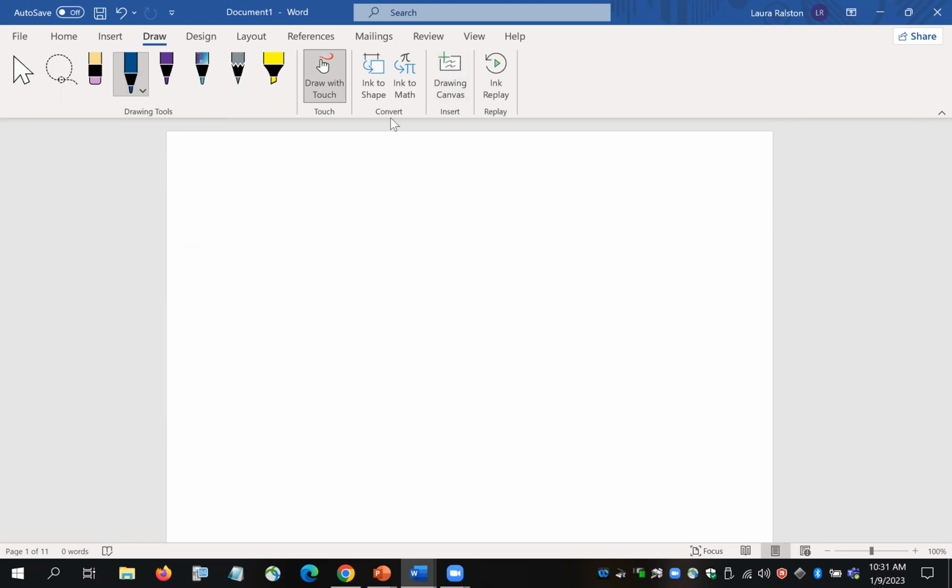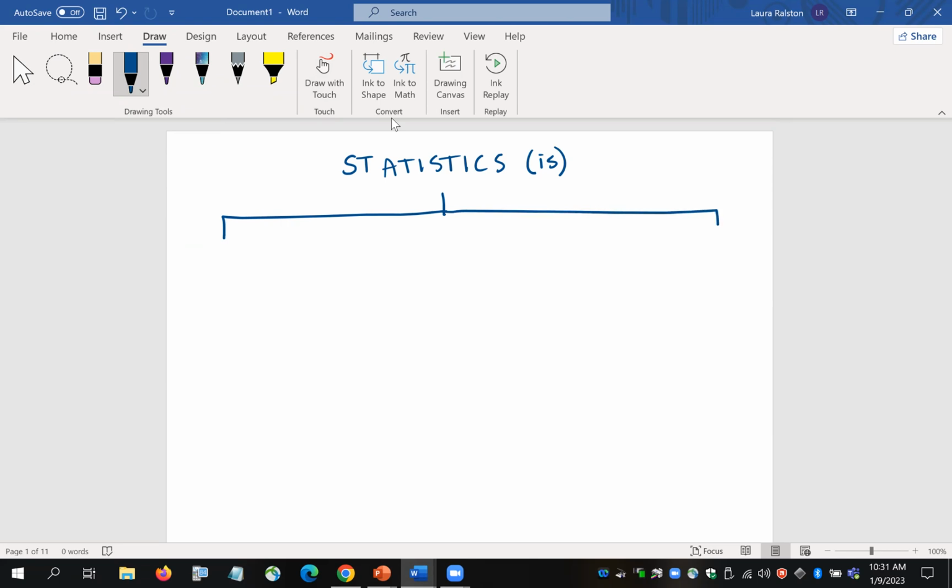Okay, so again, if we think about statistics, we're looking at the idea that there are 2 different branches. The first branch is called descriptive, which, if you'll notice, is the adjective form of the verb describe.